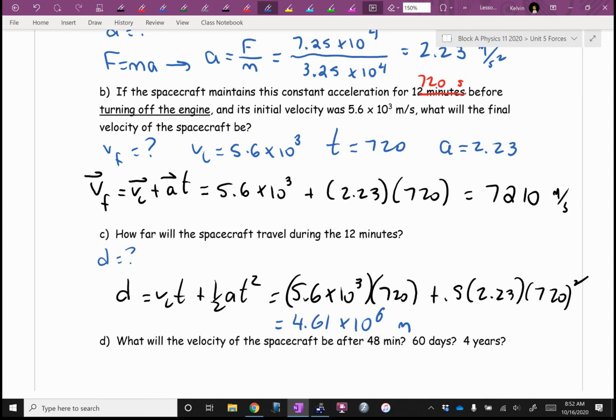If this keeps up, what will the velocity of the spacecraft be after 48 minutes, George? Too slow. Deegan, what will the velocity of the spacecraft be after 48 minutes? Too slow. Alessio, what will the velocity be? Stop typing, Alessio. If I say too slow, it means you already know the answer and you haven't been paying attention. What did I underline in part B?